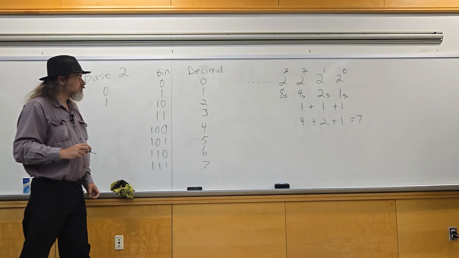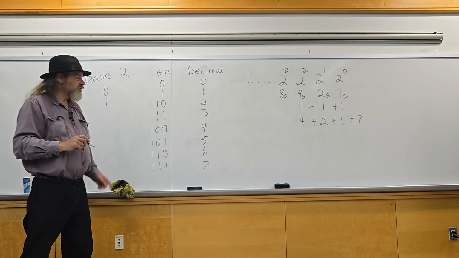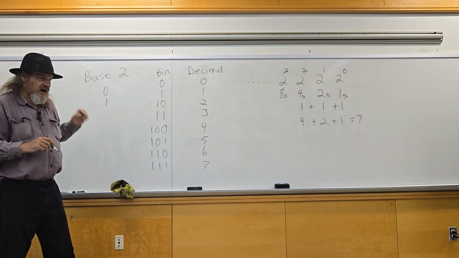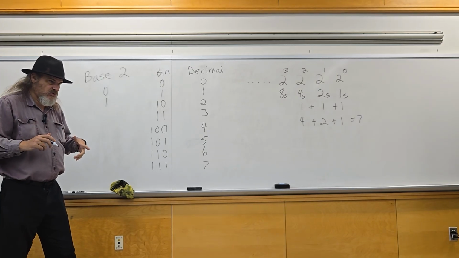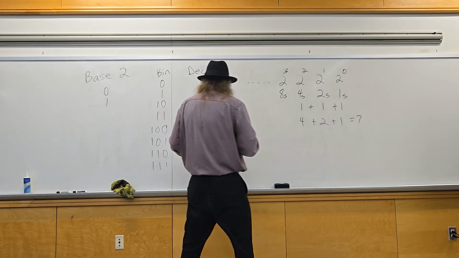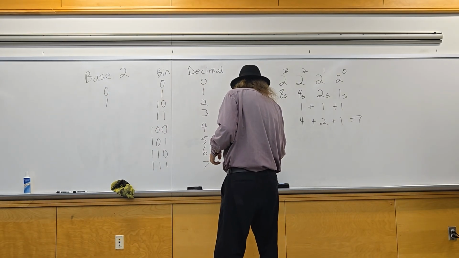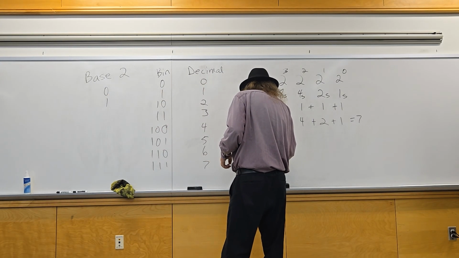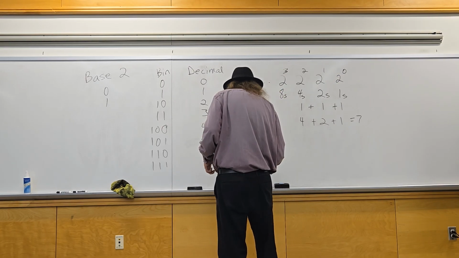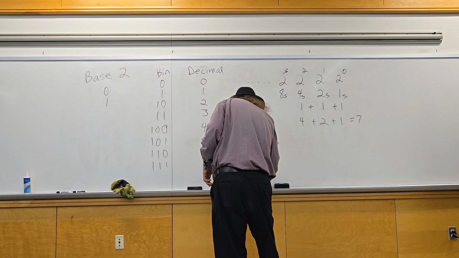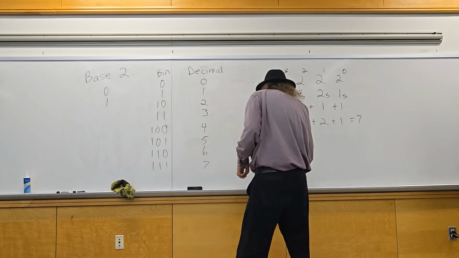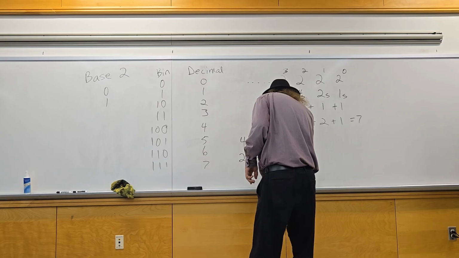So to get the number of values you can have, say you have 4 digits. You take 2 to the 4th minus 1, and that's your max value.